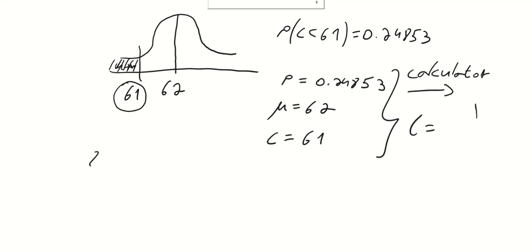So for that we have the transformation x minus mu over sigma, and then we move from a normal distribution with a variable x to a normal distribution with a variable z, and z is standard, which means it has a mean of 0 and standard deviation of 1.